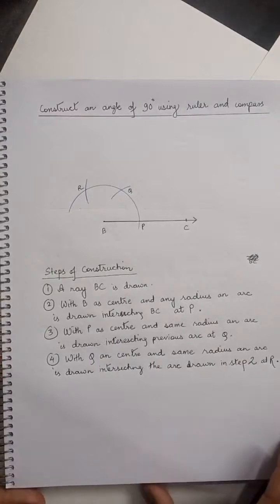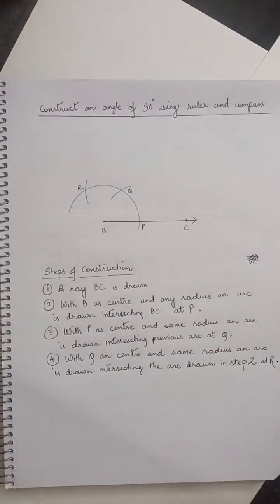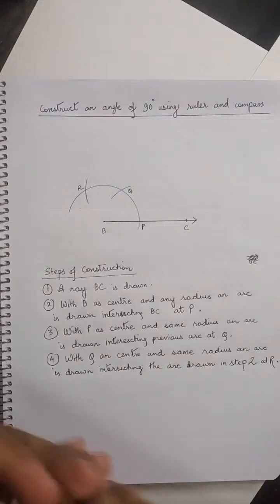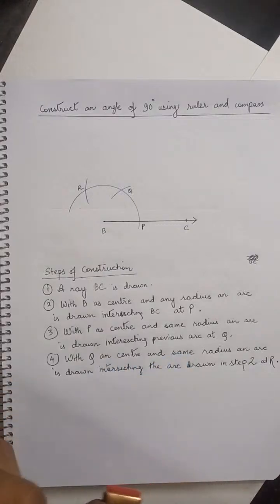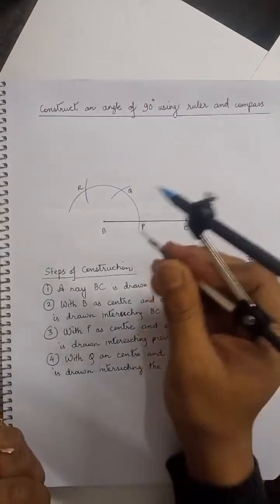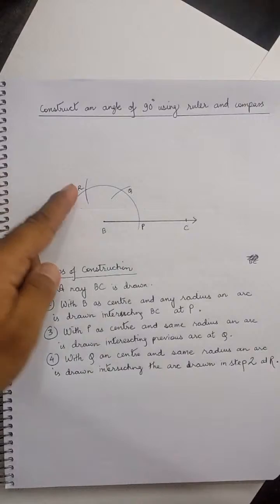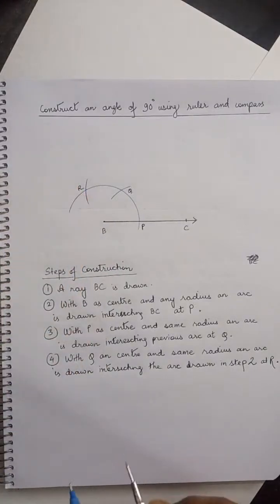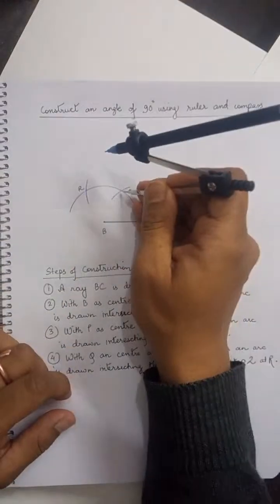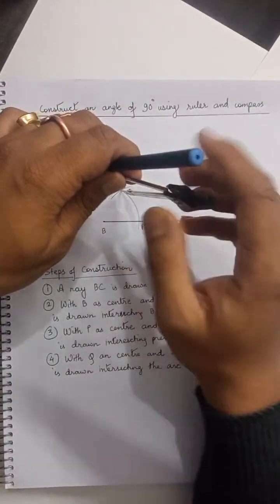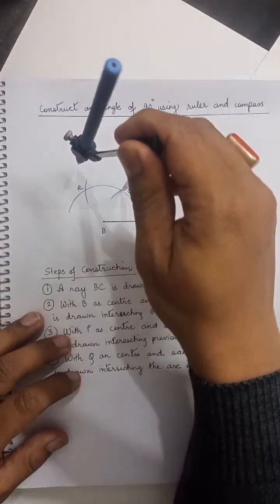Now we can change the adjustment. We will draw 2 more arcs. First we will place the compass tip at Q and draw an arc.